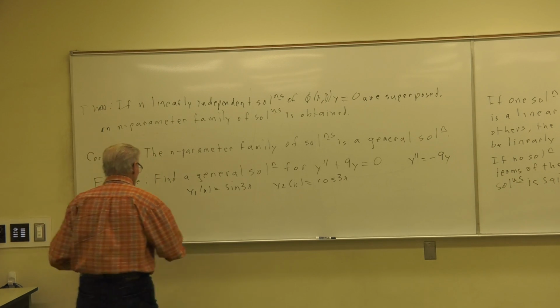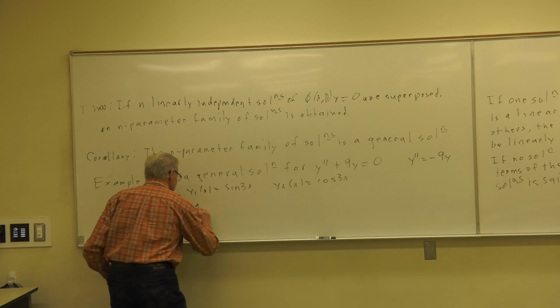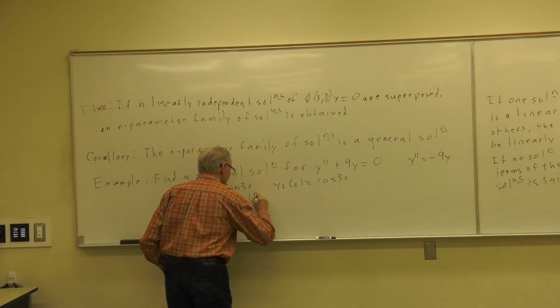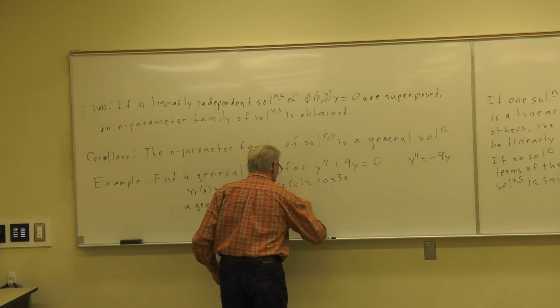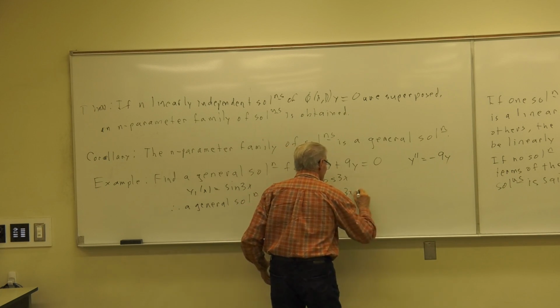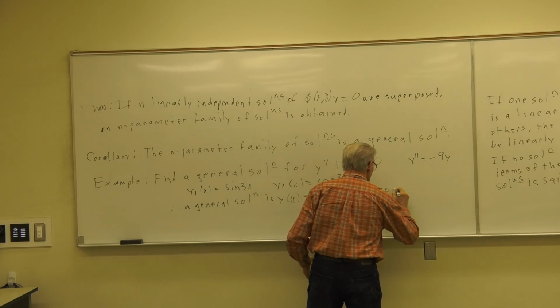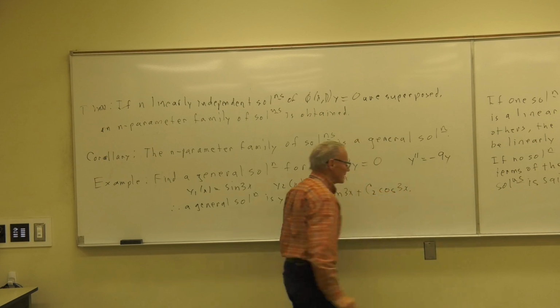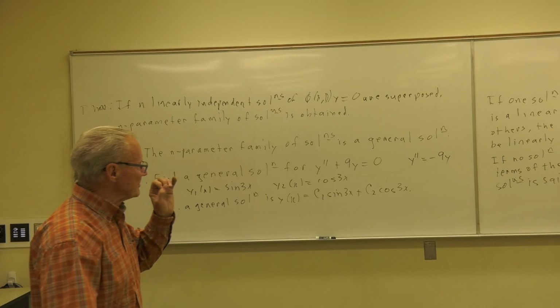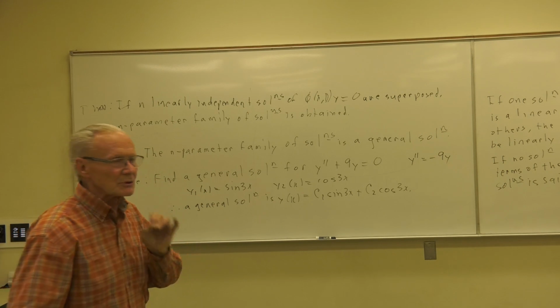And therefore, a general solution is y of x equals some constant c1 sine 3x plus any constant c2 cosine of 3x. There's a general solution, simply because we were smart enough to spot two solutions.